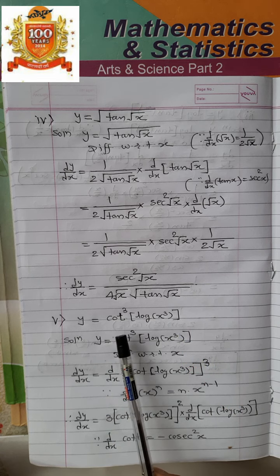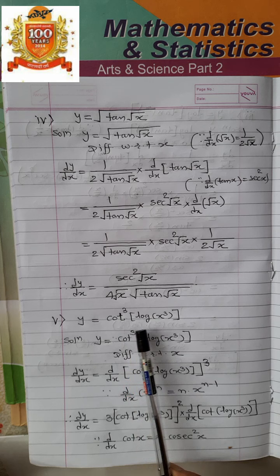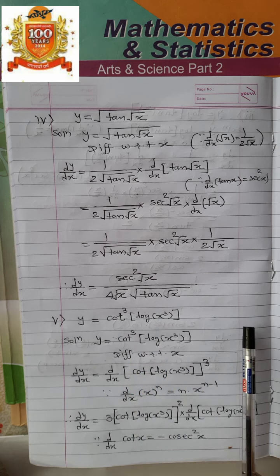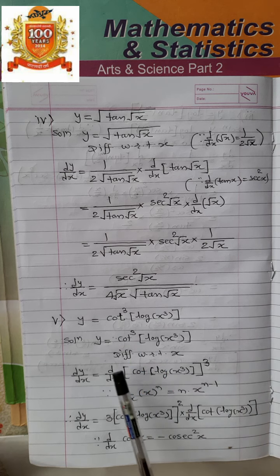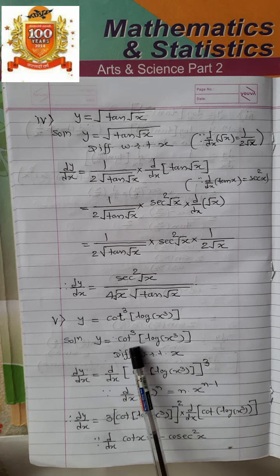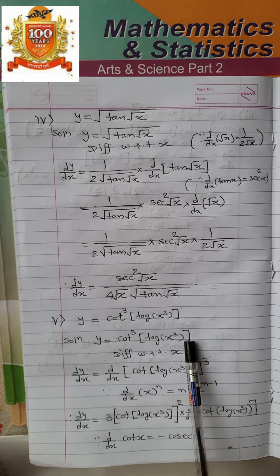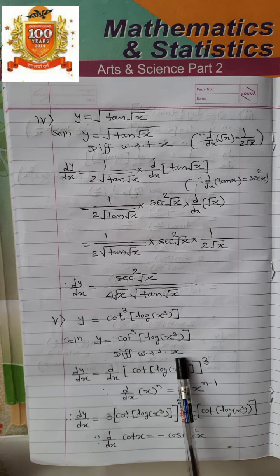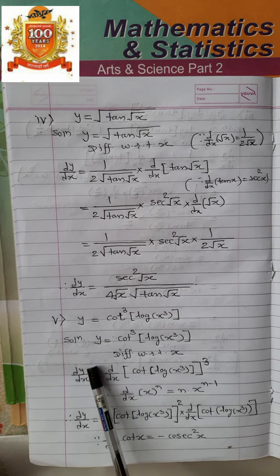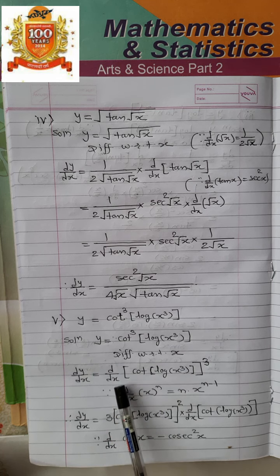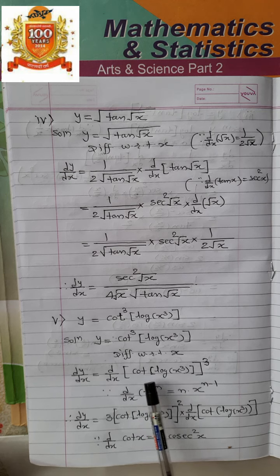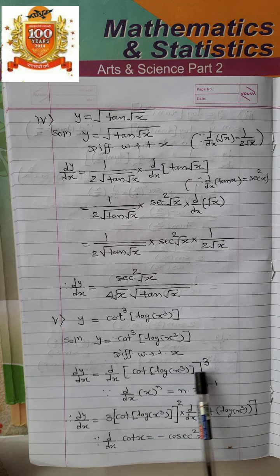y is equal to cot cube of log of x cube. Solution. y is equal to cot cube of log of x cube. Differentiate this function with respect to x. Therefore dy by dx is equal to d by dx of cot of log of x cube raised to power 3.